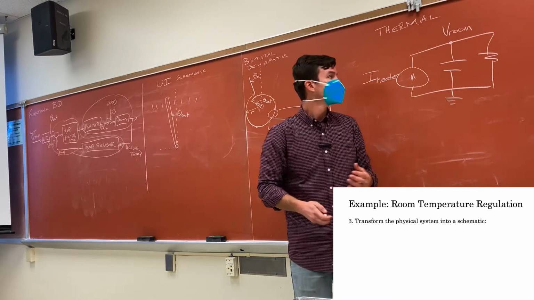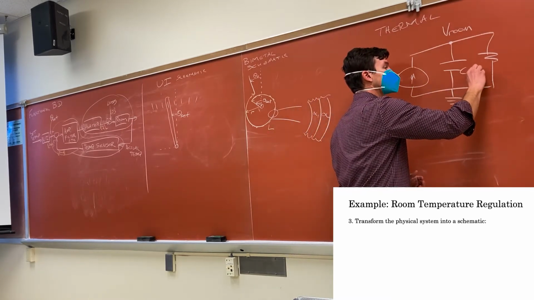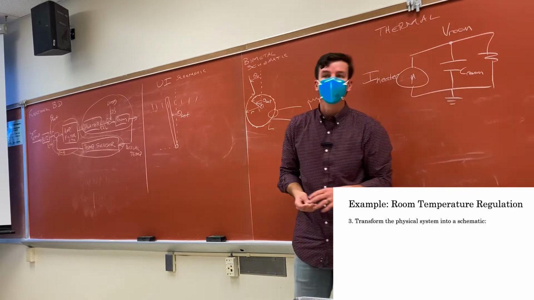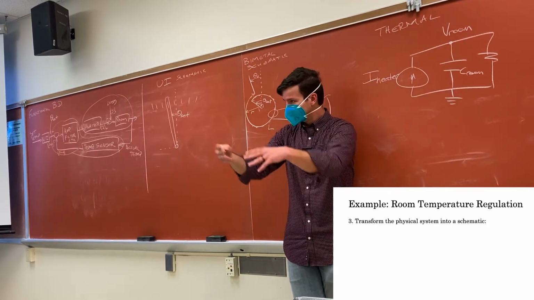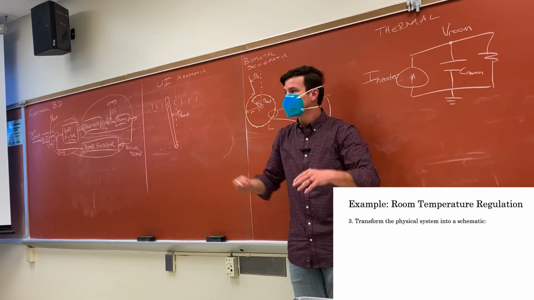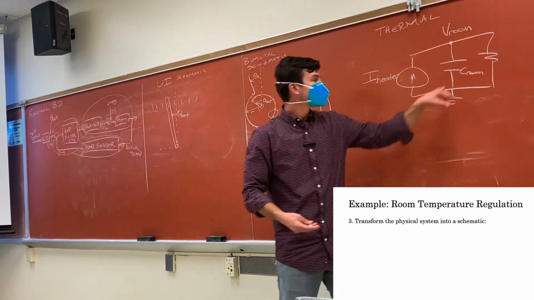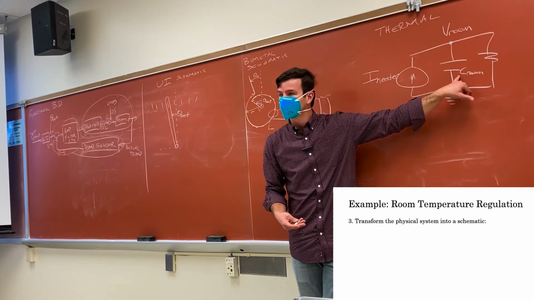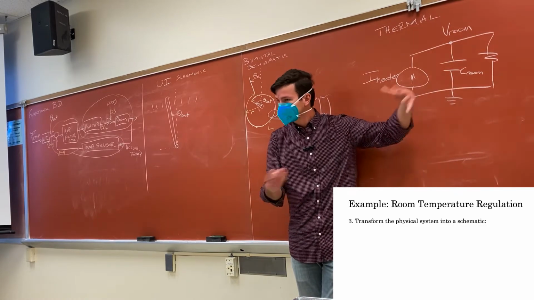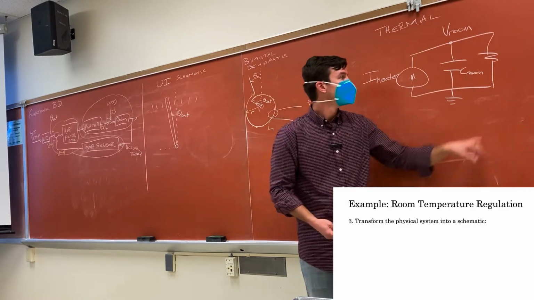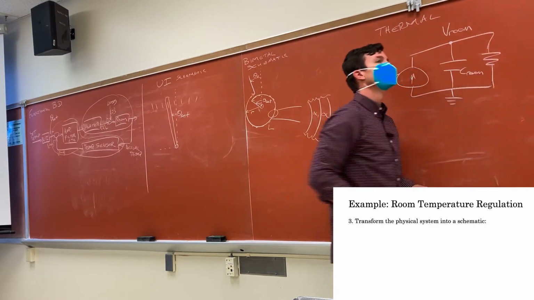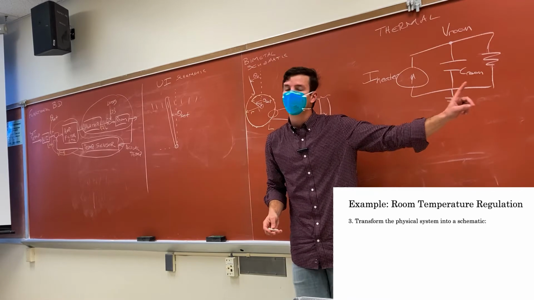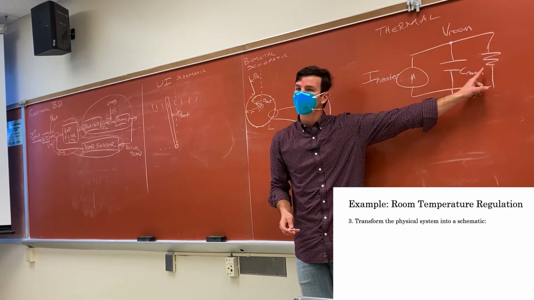All right? So you fill the room with different stuff, like a huge tank of water or 40 smaller tanks of water, and its capacitance will change, but nevertheless, its ability to retain heat is represented. What do you think this resistor should represent?